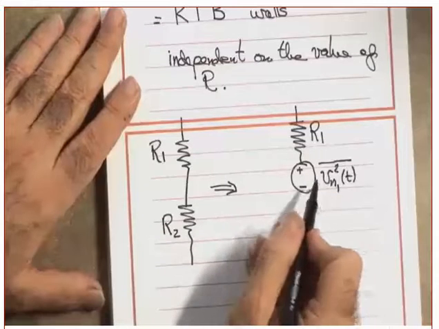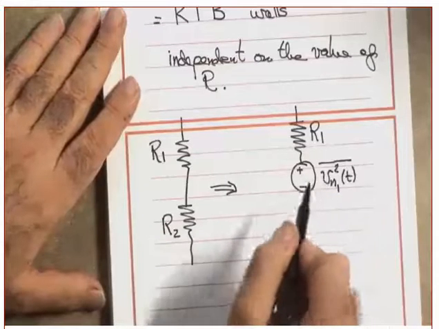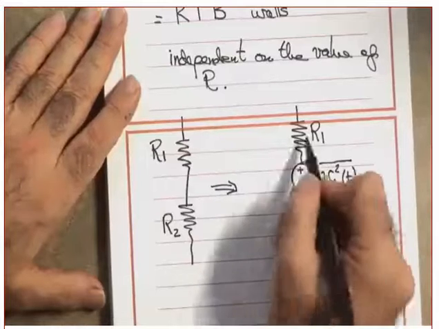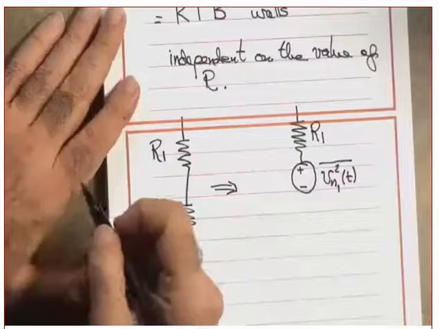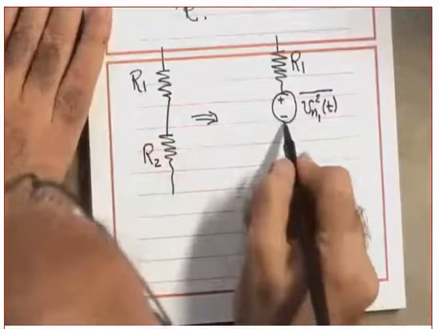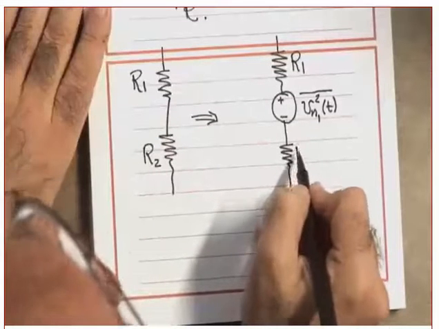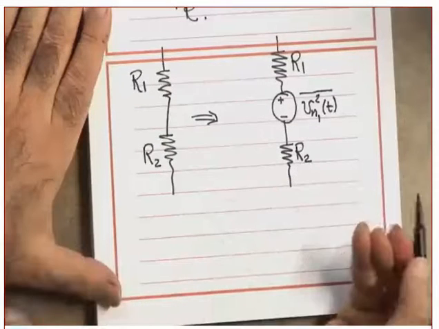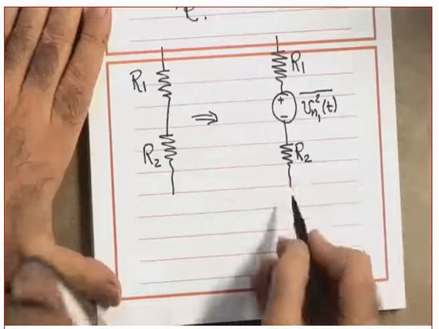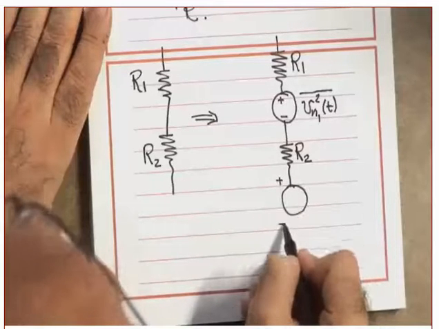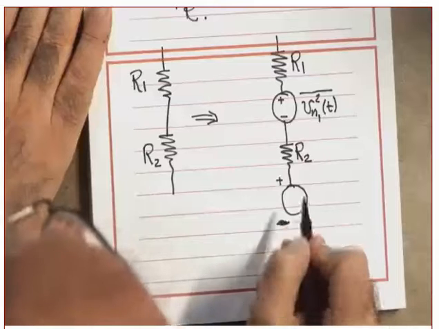Again, is this a voltage source or is it a power source? This is a power source. Keep that in mind because I'm squaring. If it is a voltage source, you need to take the square root. Yes or no? Okay. And then R2. Again, it's noiseless.